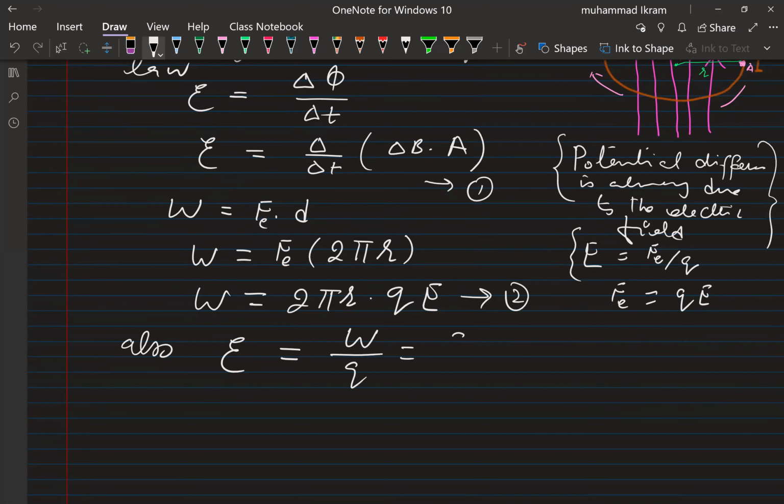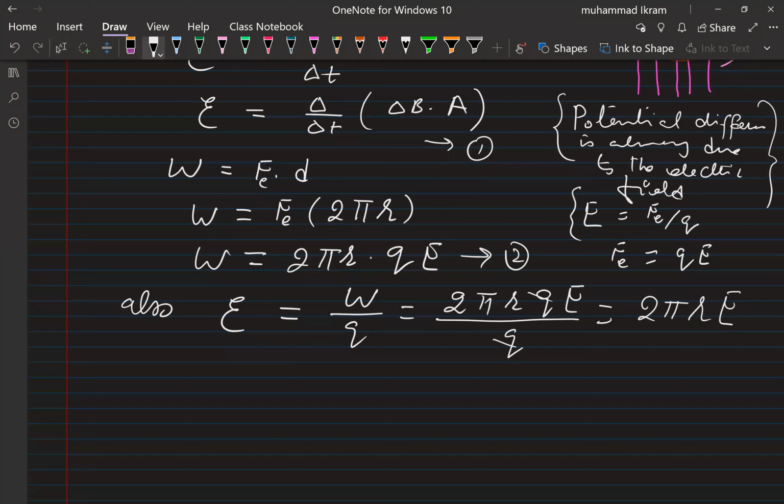So what does this mean? It will be equal to 2 pi r QE into Q, this Q will get cancelled, and you have the equation 2 pi r into the electric field intensity. This is equation number 3.